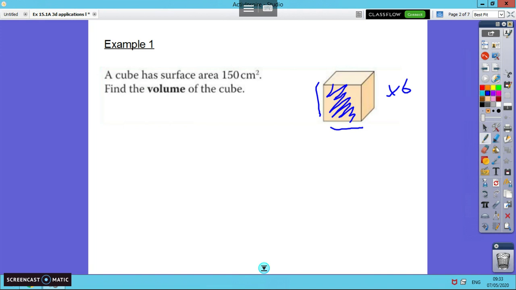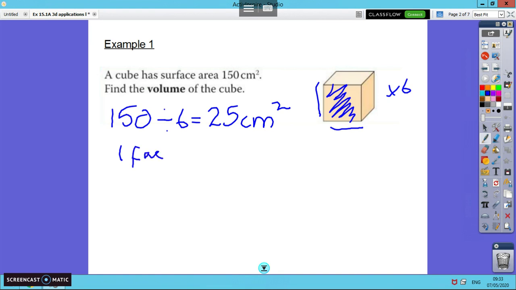And then after that, we're going to have to square root to find the dimensions. So we'll do 150 divided by 6, which gives us 25 centimetres squared. So one face is 25 centimetres squared.